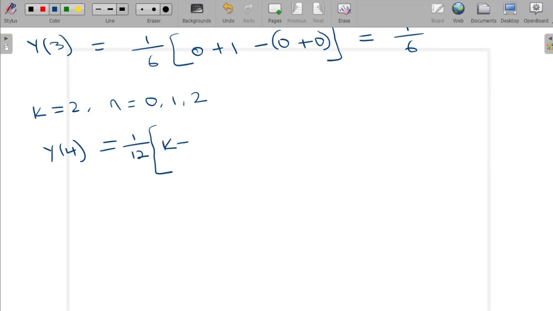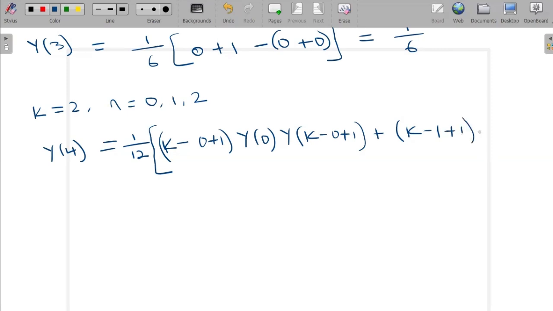So we're going to have k minus 0 plus 1, y of 0, y of k minus 0 plus 1, plus k minus 1 when n is 1, plus 1, y of 1, then y of k minus 1 plus 1.